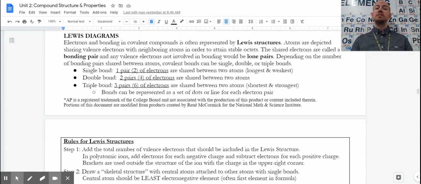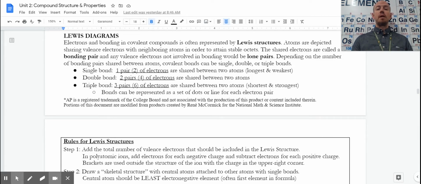That can show us single bonds in which we are sharing 2 electrons, a double bond in which we're sharing 4 electrons, and to refresh a phrase from earlier, these single, double, and triple are also referred to as the bond order. And then a triple bond where we share not just 3 electrons, but 3 pairs of electrons for a total of 6.